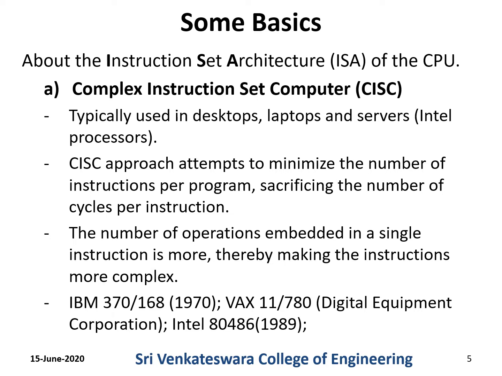But at the same time, the number of instructions needed per program to complete a task is less. This kind of CISC processors are manufactured by companies like IBM, VAX and Intel. Some of the processors are also listed here, and CISC processors are widely used in desktops, laptops and servers.